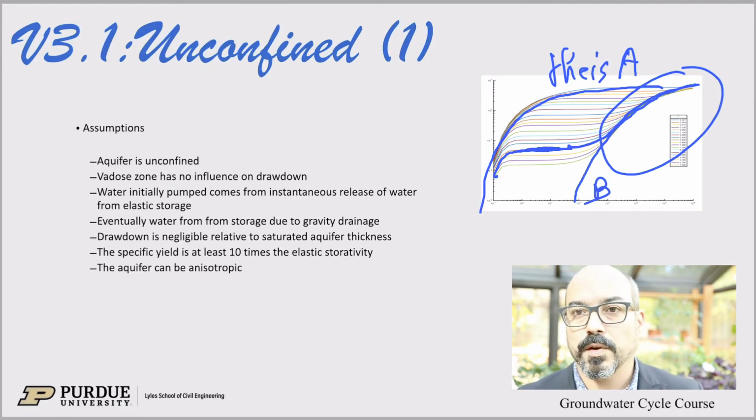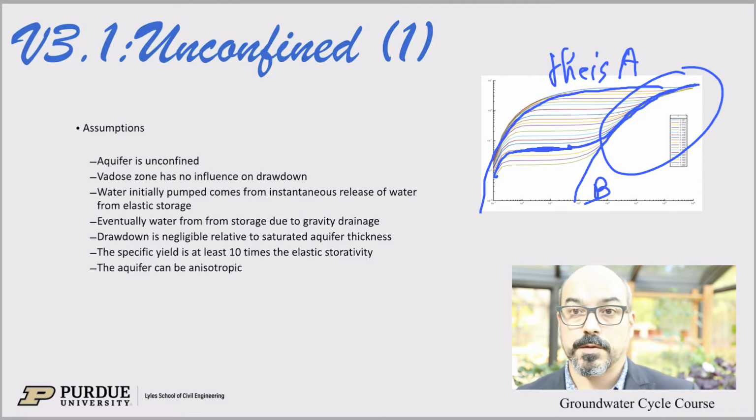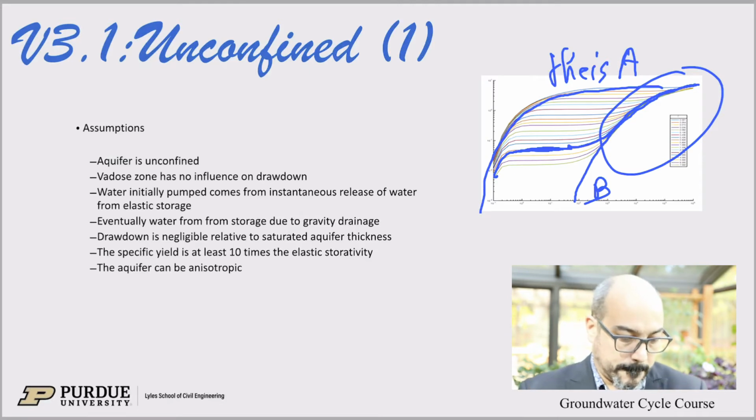So we're following a Theis curve again, the same behavior, except now instead of the storativity, it is the specific yield that is providing that behavior. So if we have data again, and we can fit the left-hand side and then the right-hand side, now we can actually find what the specific yield is. Oh yeah, the aquifer can be anisotropic, that's fine.